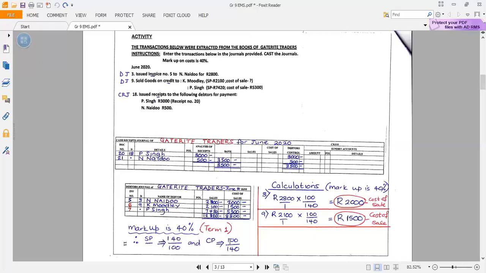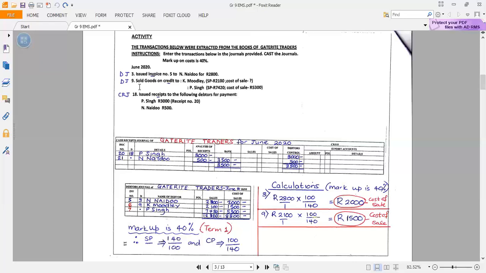So I'm using this fraction here. So I come back here, 2,100 multiplied by 100 divided by 140, which is equal to 1,500. For this amount, I am going to now post it to the cost of sale column in the debtors journal, 1,500.